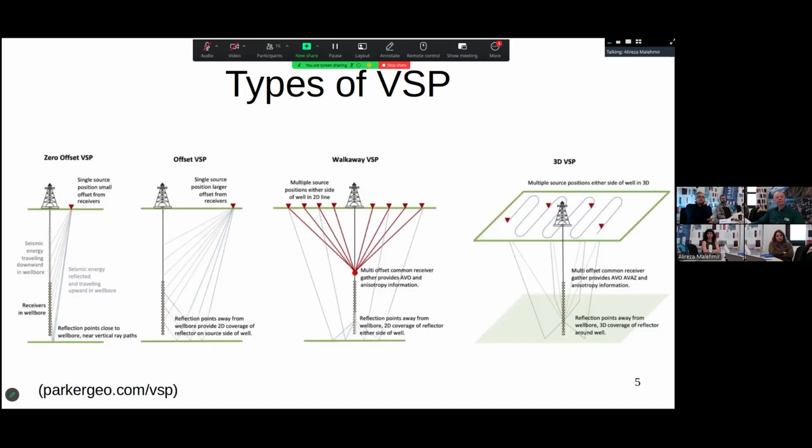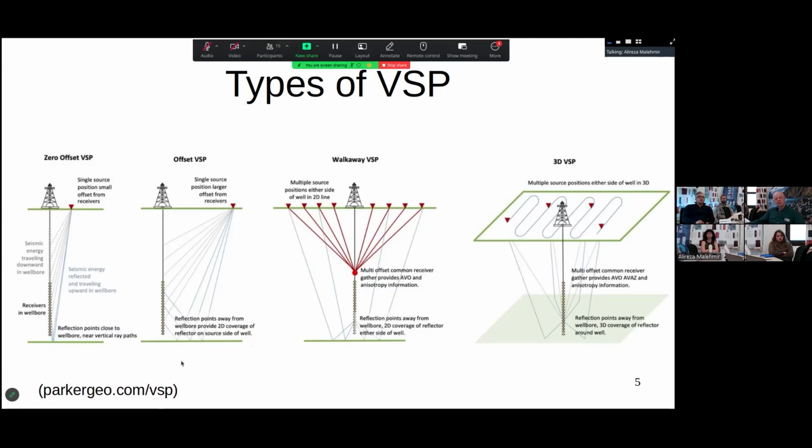So these are some graphical examples of what I just mentioned. With the zero offset VSP, the source is very close to the wellhead, with mainly vertically traveling waves. With offset VSP, the source is offset, and therefore we get reflection points spread out along a horizontal reflector. When we have the zero offset VSP, nearly all the reflection points are at one location on the reflector.